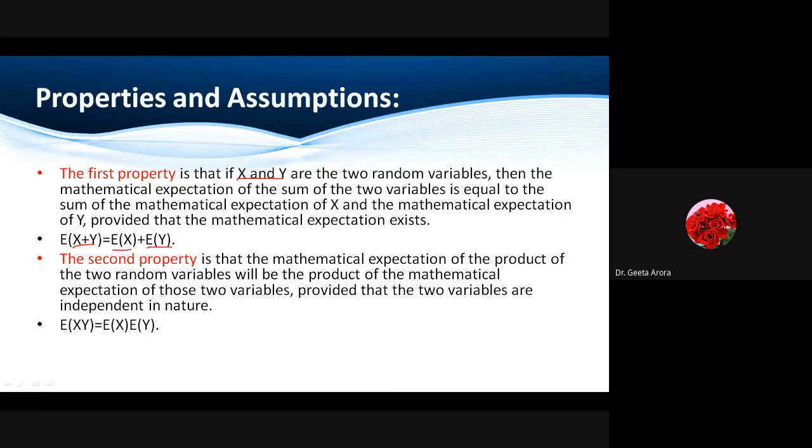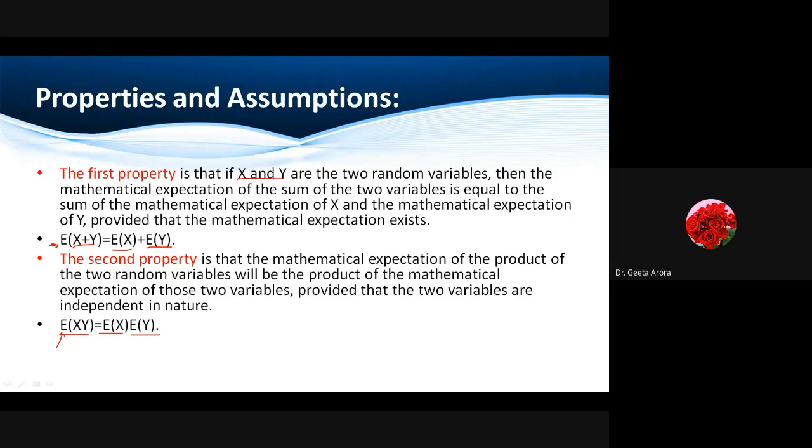Means if I take x plus y, the sum of two random variables, and their expectation, it is the same as taking the expected value of x and the expected value of y and summing them. Similarly, if we have the product xy, the mathematical expectation of the product xy can be written as the product of the expectation of x into the expectation of y. Correct? This is how we are going to write it.